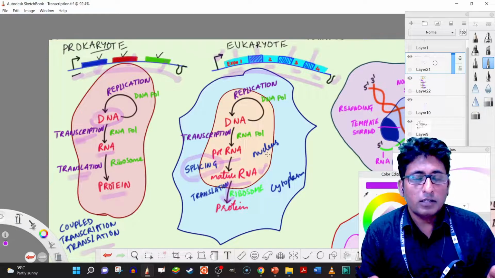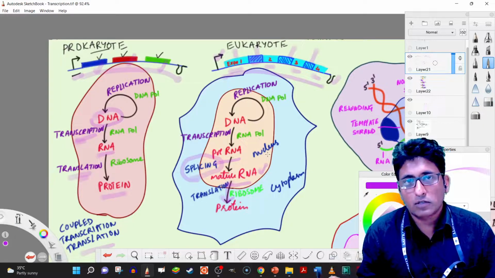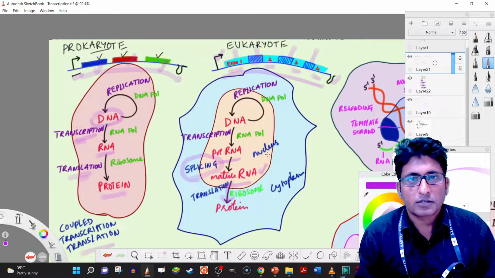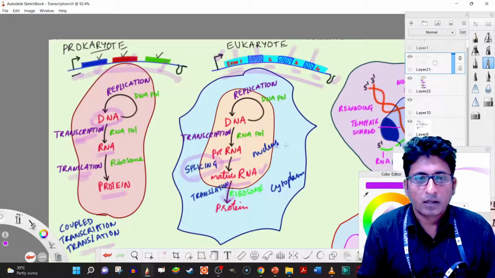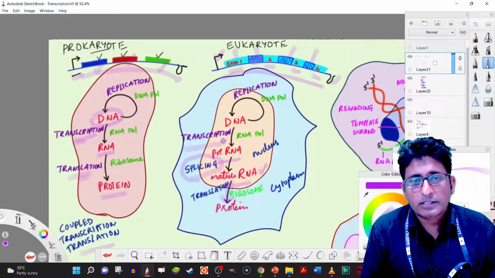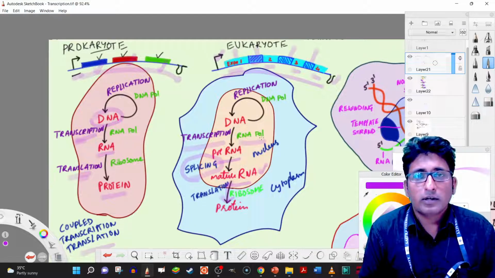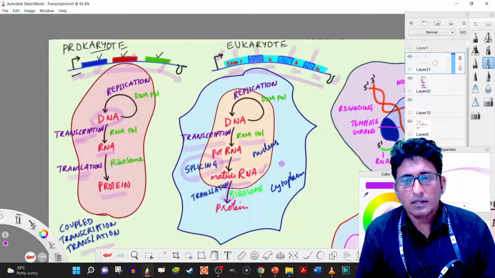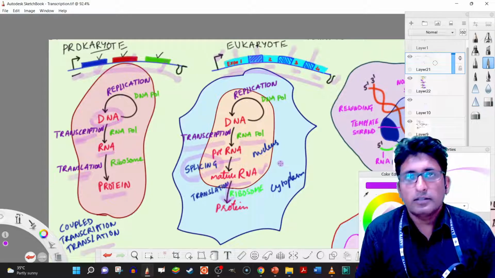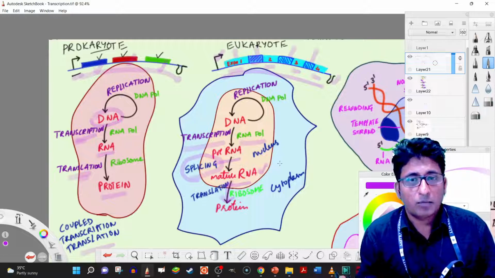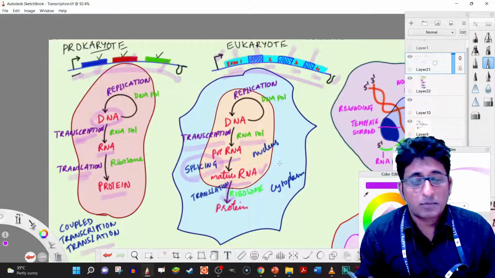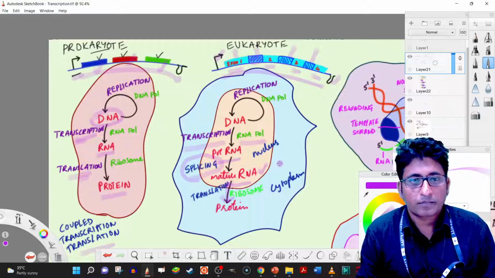So the ability to read the template and translate that information into a phenotype is template dependent. Transcription is carried out by an enzyme called RNA polymerase. RNA polymerase is a DNA dependent RNA polymerase. It polymerizes the substrates, the rNTPs.